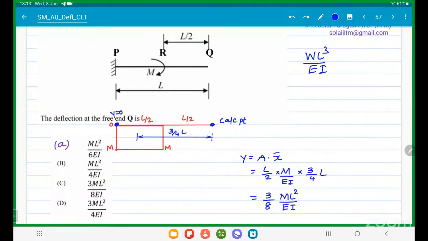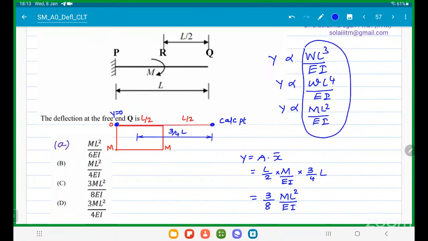So Y is directly proportional to W. Then if it is UDL, small w L power 4 by EI. If it is a couple, Y is proportional to M L square by EI.